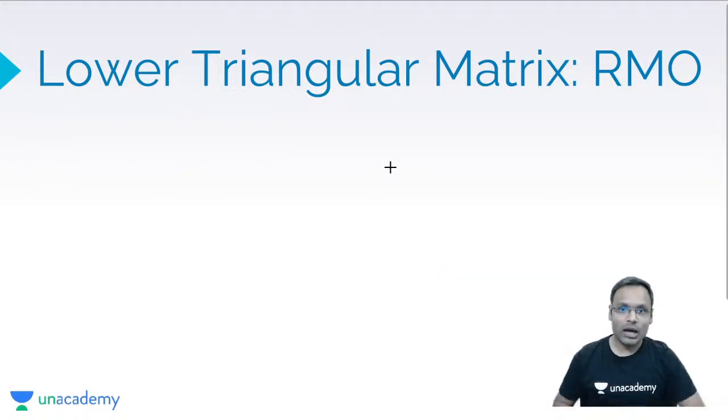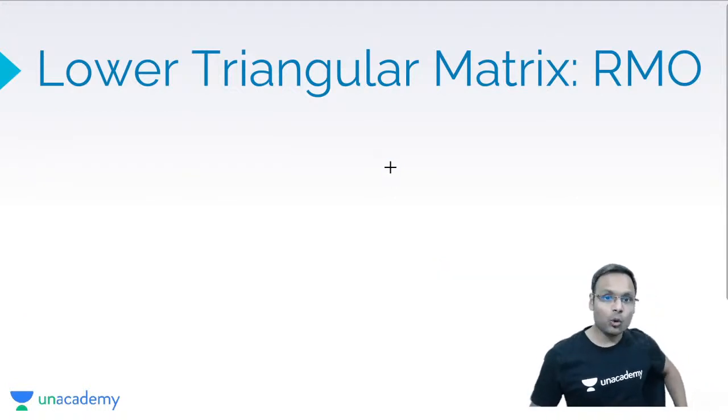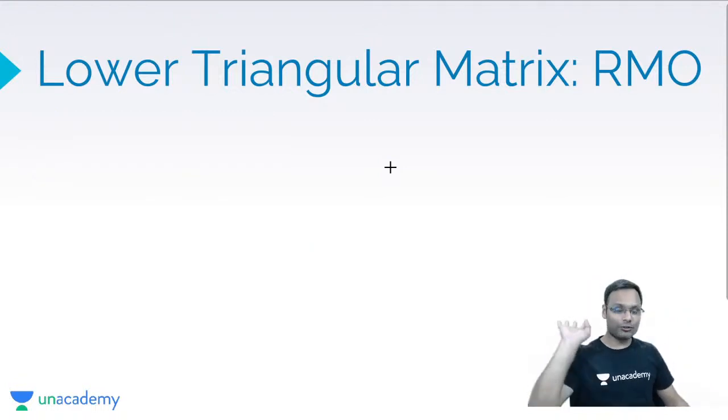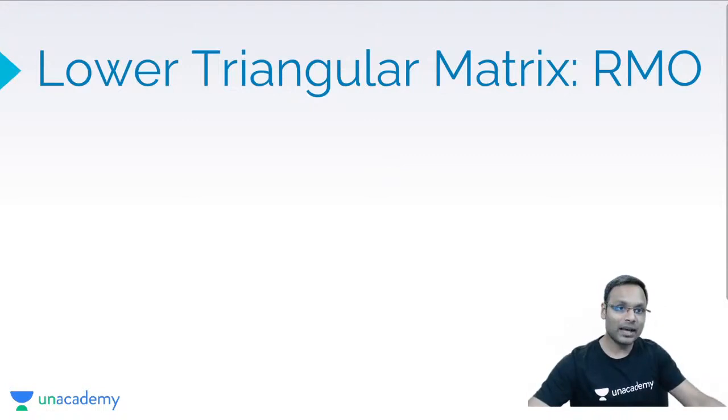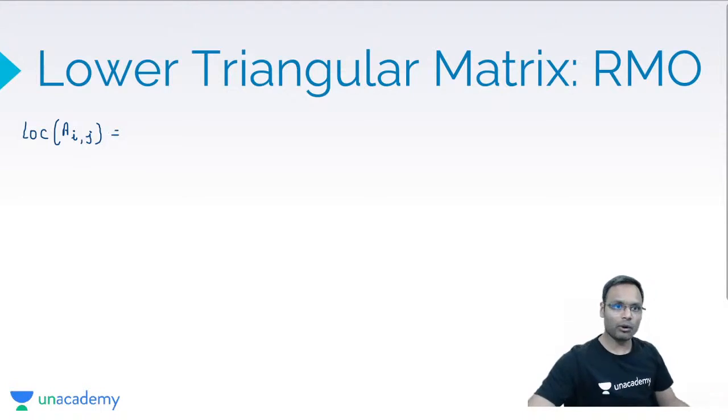Let's see how we get the location in row major order. First of all, we will go with the basics. How do we get the location in row major order? If the location of an element A of ij is asked, you can write it like that, or you can write the square bracket notation also, it doesn't matter. It's just the representation. We are not learning any programming language, so we don't have any problem.